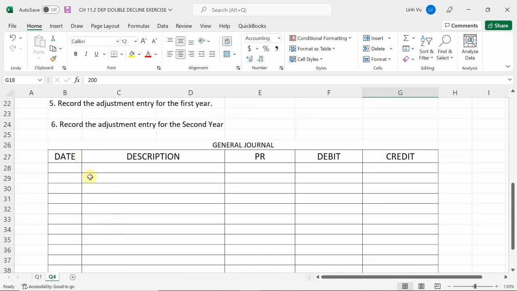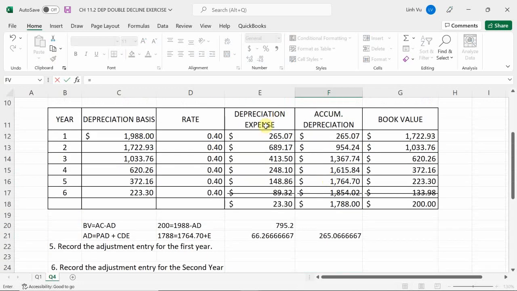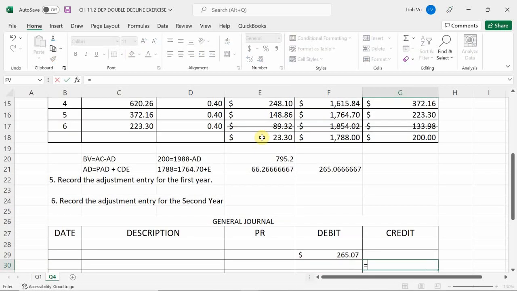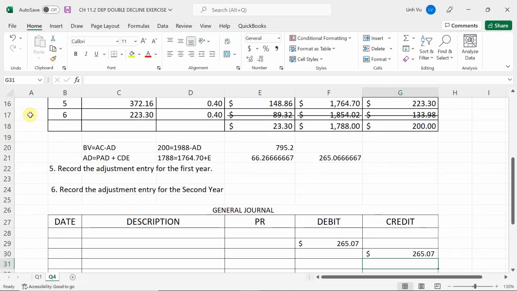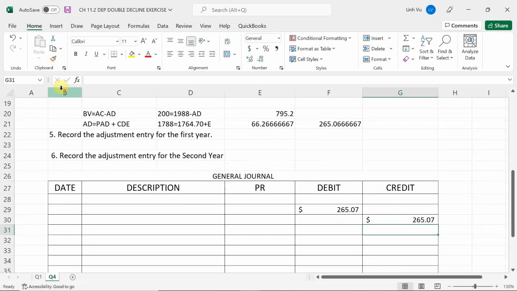And we debit that. What account am I debiting? You're debiting depreciation expense. Good, right? And what's my credit account going to be? It's going to be accumulated depreciation.